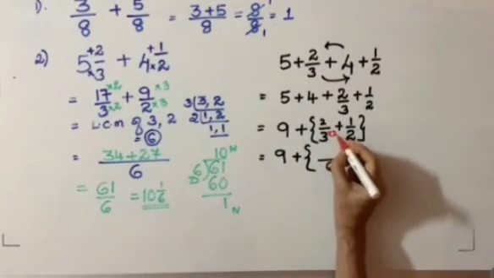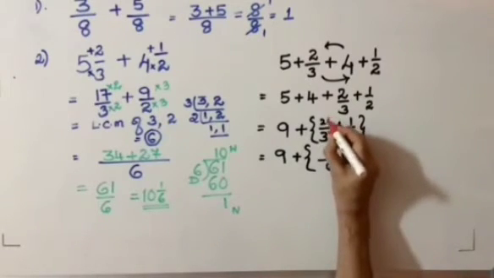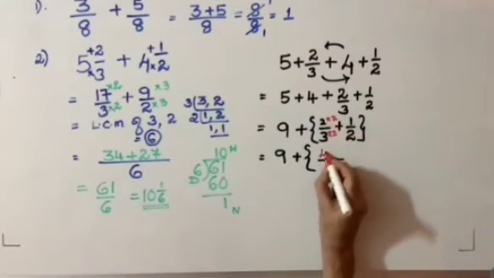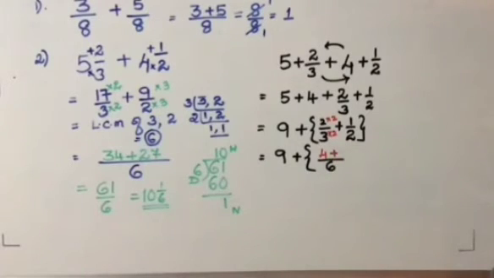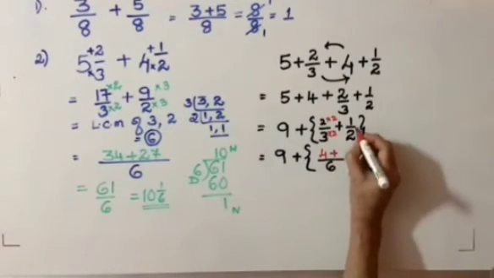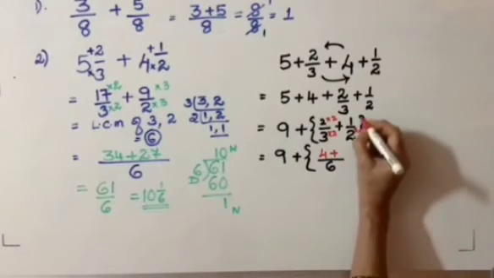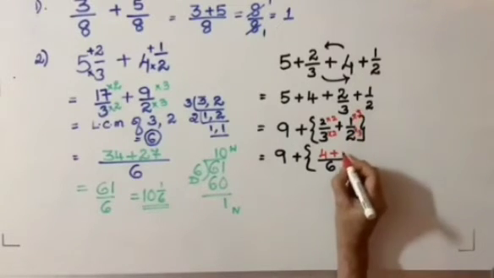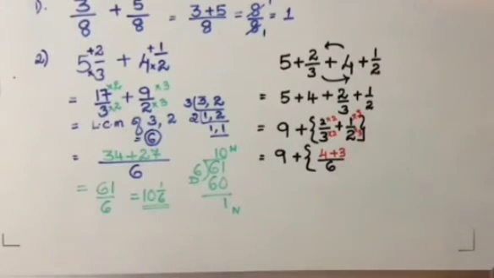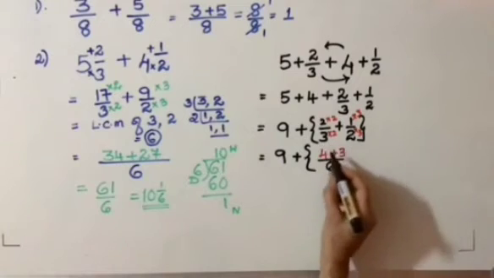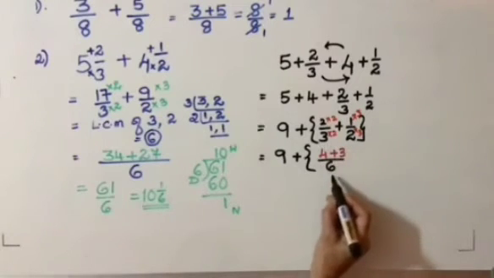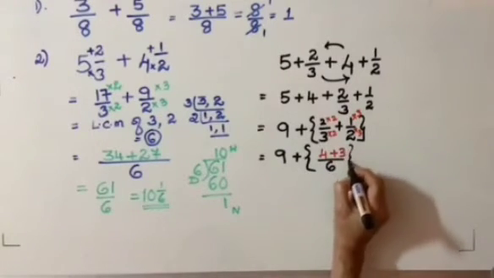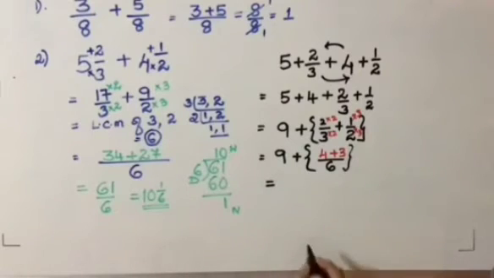How? 3 2s 6. 2 2s 4. 2 3s 6. 1 3s 3. Is that clear? Yes, children? After finding LCM, that is product of the co-primes, is the LCM. Okay. So, now what do we have?